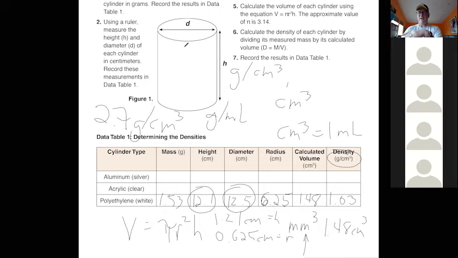As you can see, I calculated 1.03 grams per cubic centimeter for my polyethylene. So I have no doubt that it's going to float on a couple of these, if not most of them. So let's look and see how we calculate our measured volume, measure mass, and then calculate density and start plotting them out.